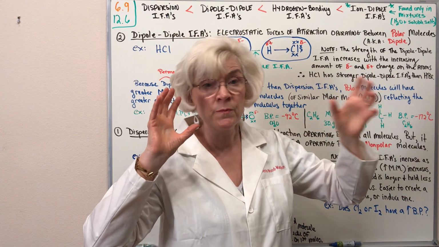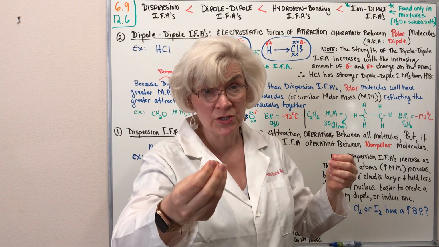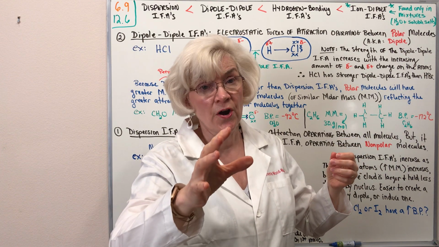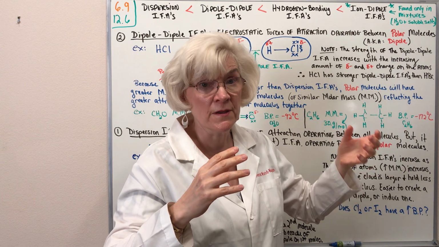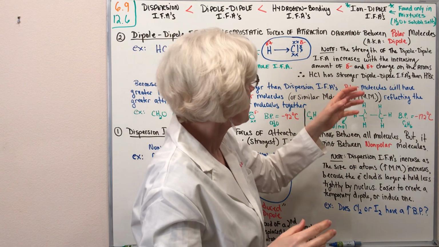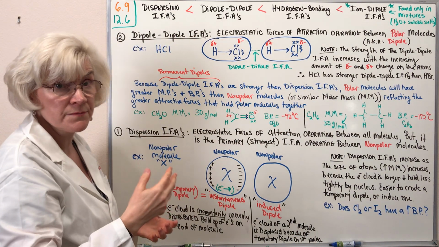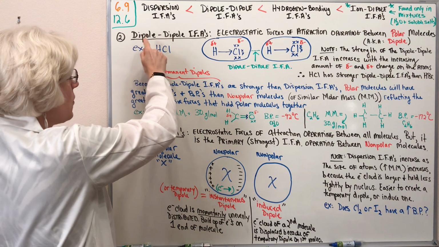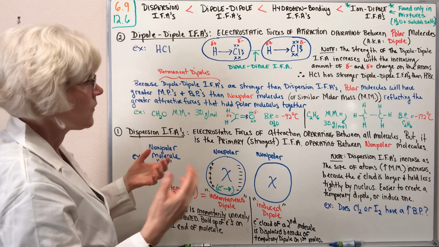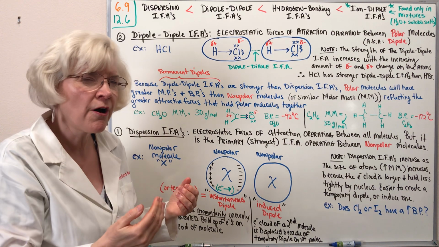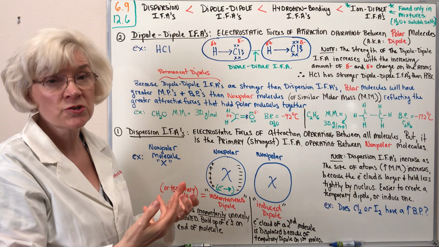These 2 poles on a polar molecule, one which has a partial negative center of charge and the other pole or end having a partially positive center of charge. So literally, when we say dipole-dipole IFAs, you could also read this as polar molecule IFAs.